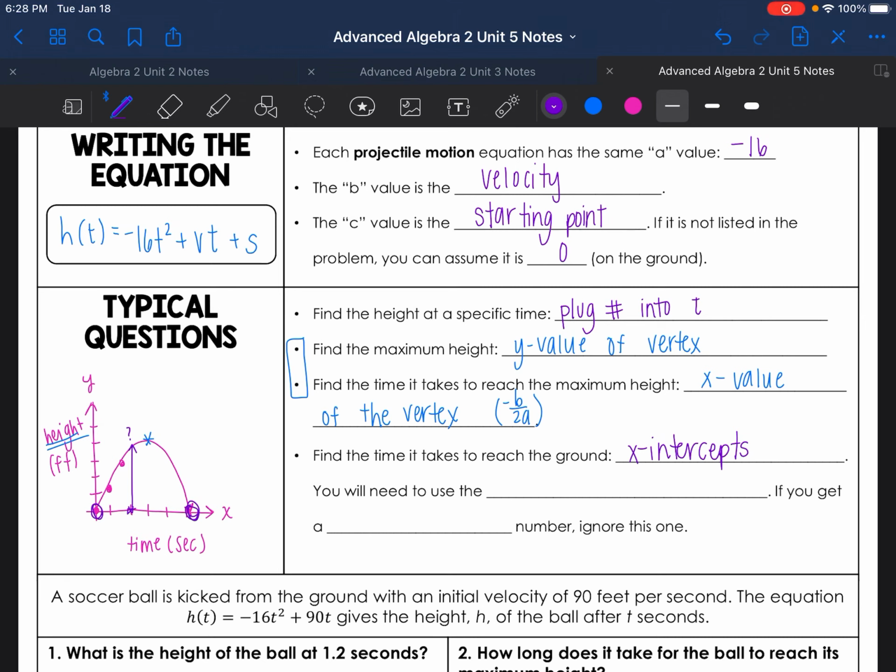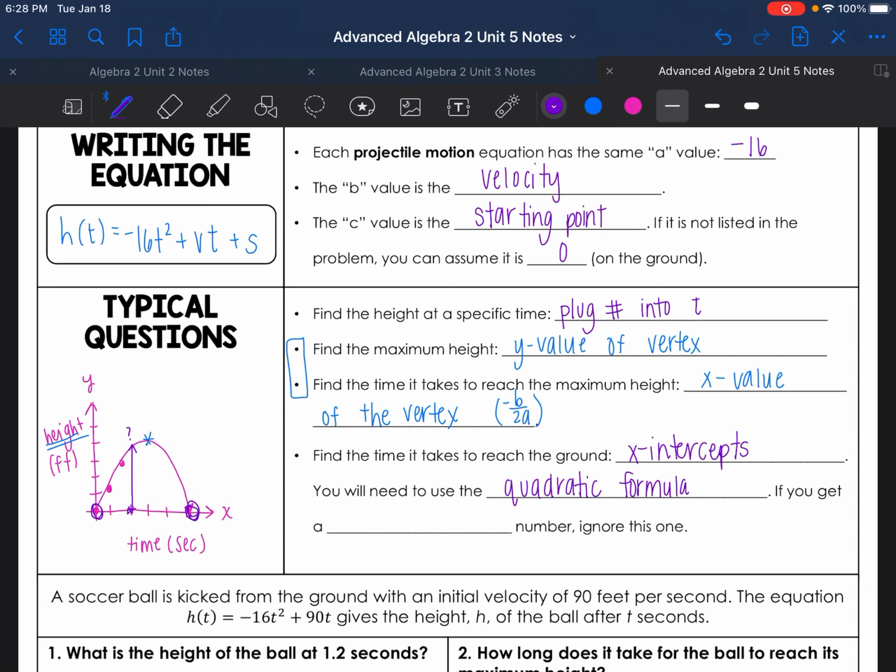For all of these questions, you're going to do it a little bit differently. For one, you have to use the quadratic formula, because most likely these are not going to factor well. Just go ahead and start out using the quadratic formula.